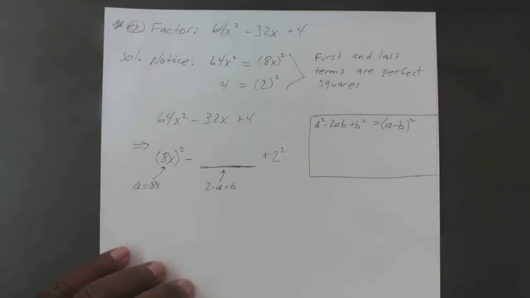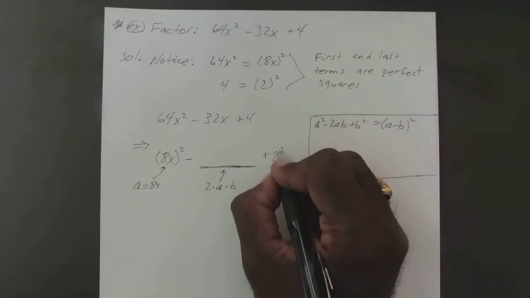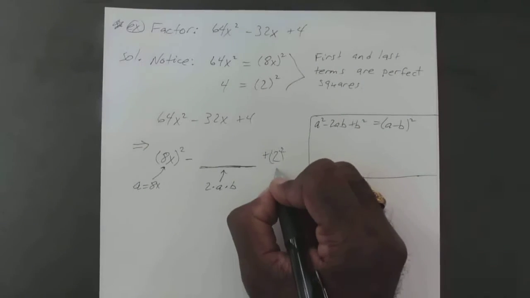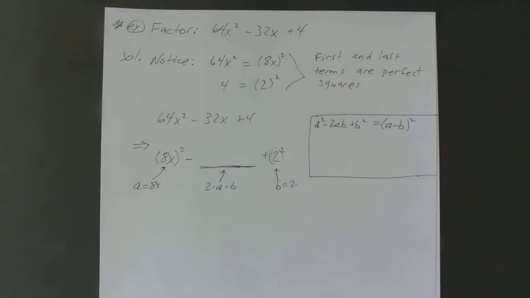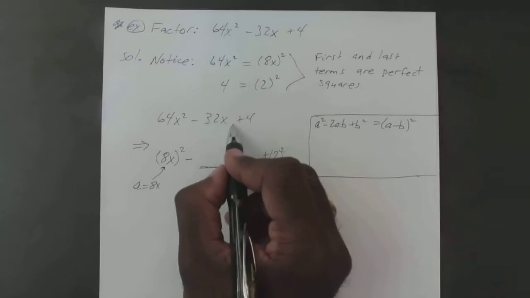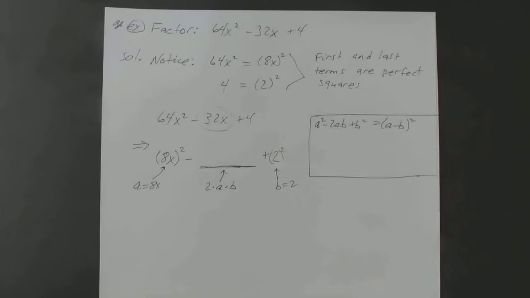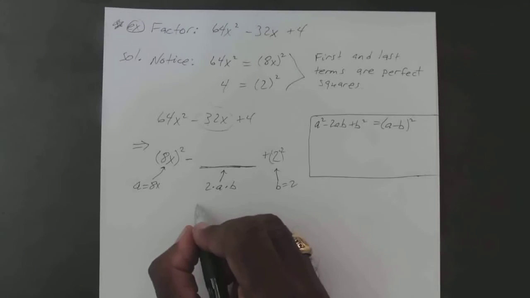And that becomes 2 squared, so that means our b is equal to 2. So if we can get this middle term after multiplying 2 times a times b to match 32x, then we know it's a perfect square.